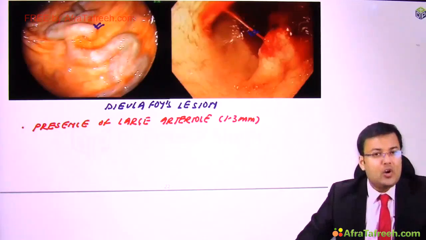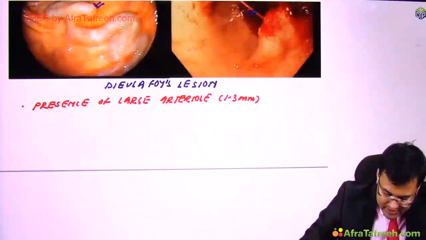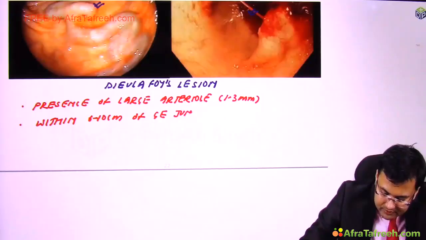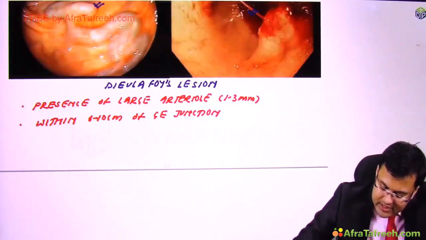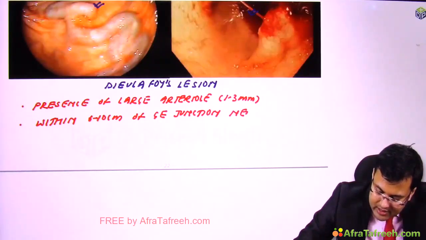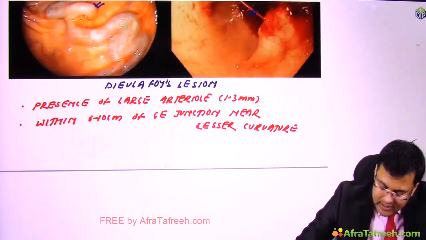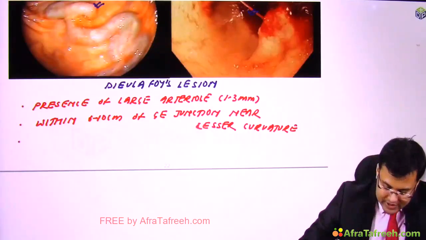First question, what is the location? It is located within 6 to 10 centimeters of the GE junction, near the lesser curvature. And where is the exact location?